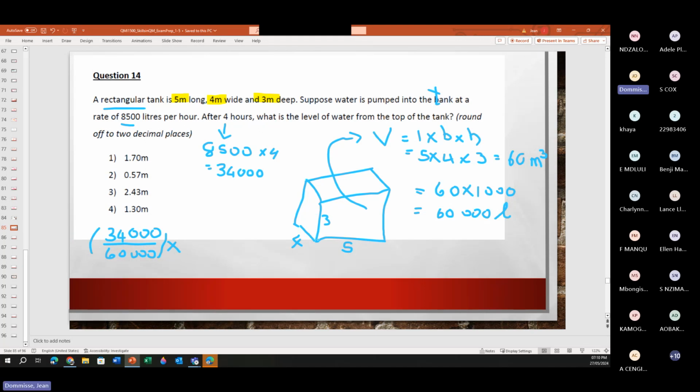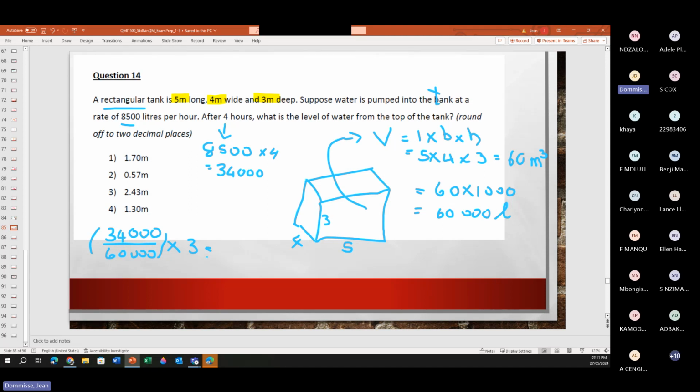If I want to know how many meters, I know that the height is 3 meters deep. So that fraction times 3 will give me how many meters it has filled up.